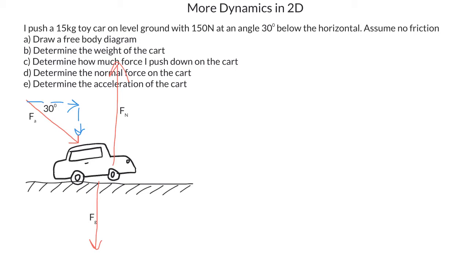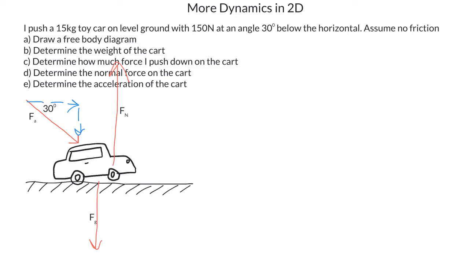So that's in there. And what I'm going to do now is I am also going to label this force going to the right, and I'm going to label this force going down. And really, these are just components of this applied force. So I'm going to call this one FAX because it's going in the x direction. We typically think of horizontal as being in the x direction.